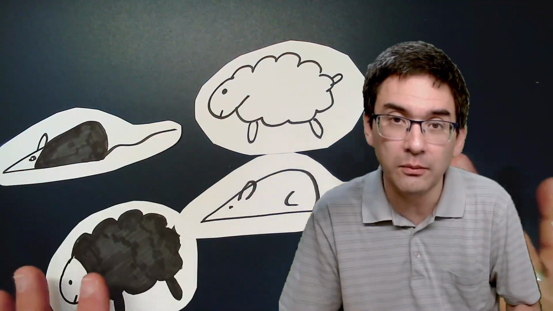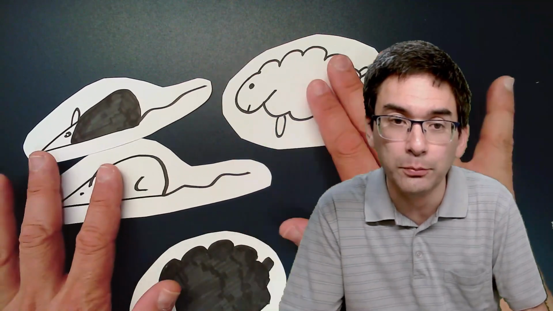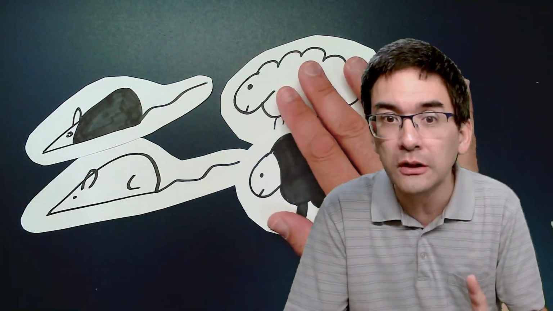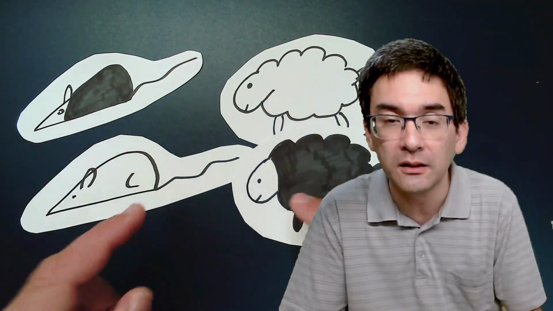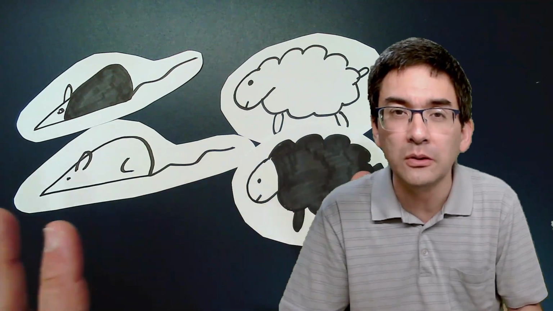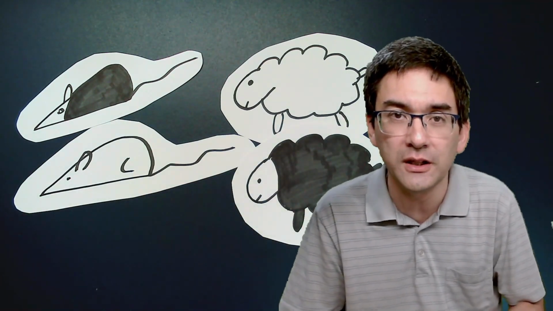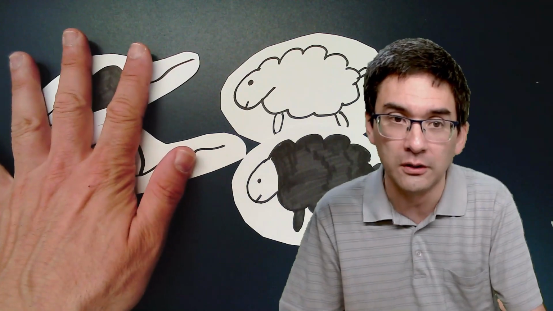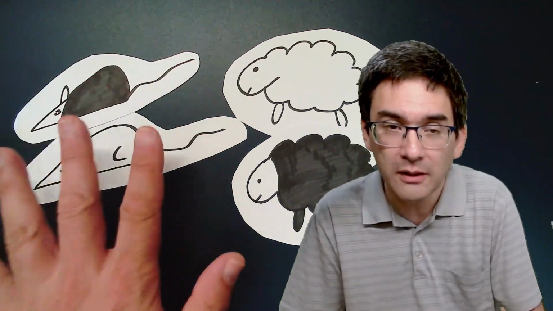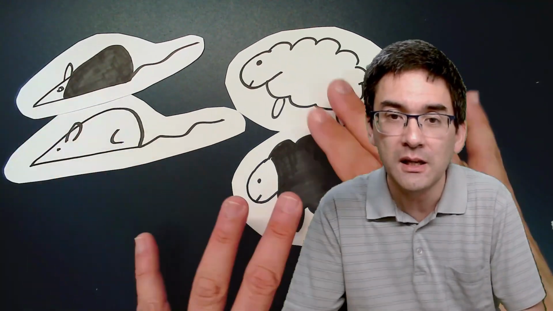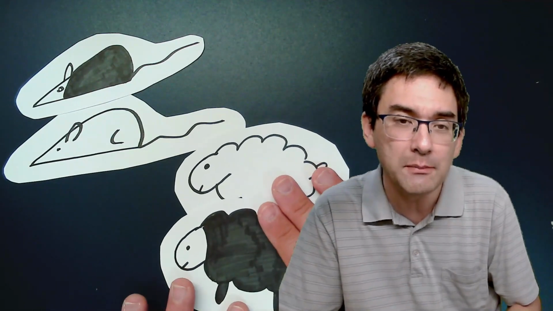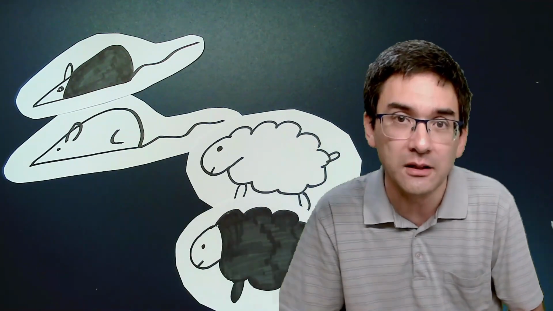Well, generally, what scientists do when they group organisms together is not only look at one characteristic alone, like color or the length of the tail, but look at hundreds and hundreds of different characteristics. And overall, those mice share many similarities, and those sheep share many similarities as well, besides color.